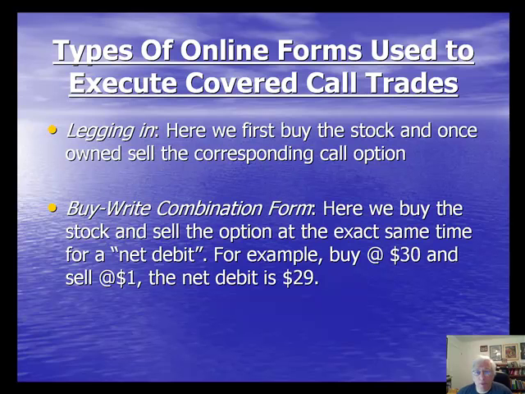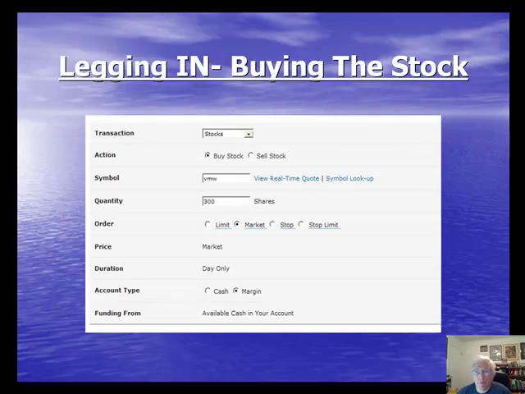The other type of form is called the buy right combination form, where we execute both the purchase of the stock and the sale of the option at the exact same time for a net debit or an expense. For example, if we buy a stock at $30 and sell the call option for $1, the net debit would be $29. And I'll show you a form filled out how that works.